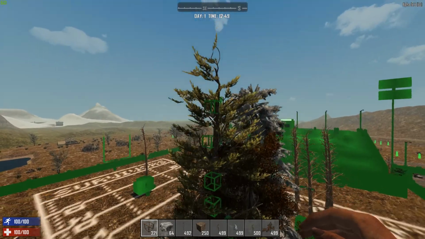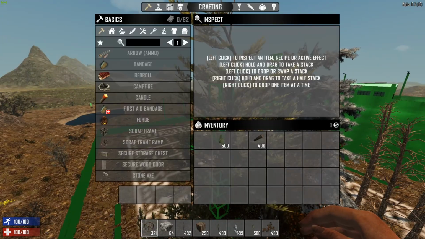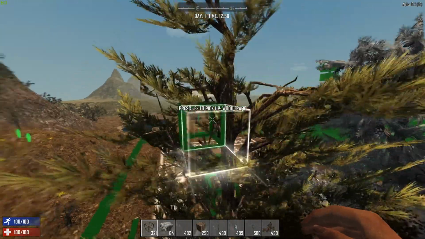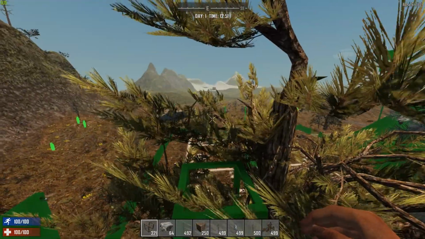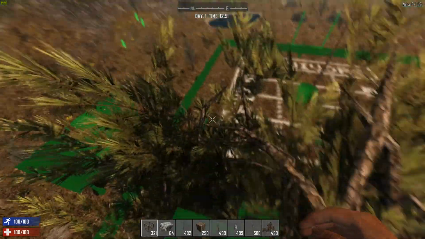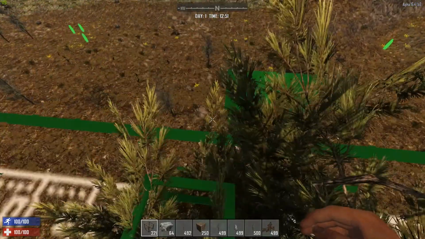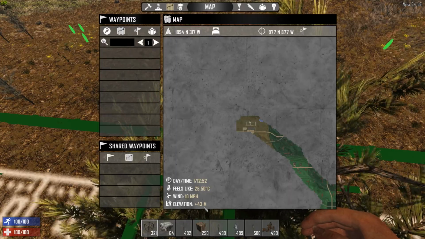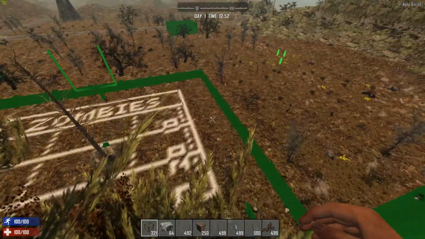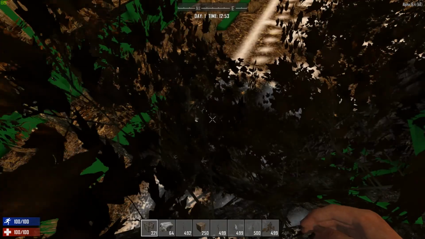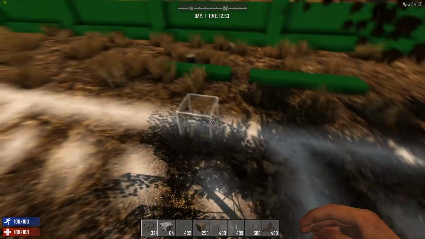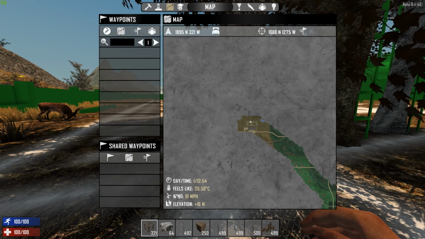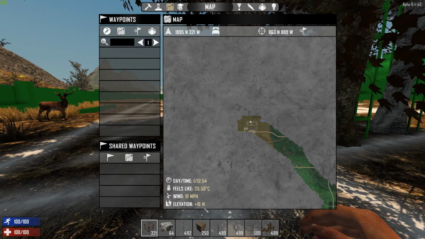And as for the pine, well, that pine is 16. I don't know. Let's do this another way. So I'm not flying anymore. I'm at 43 meters. And if I go back to the ground, I'm at 60 meters.